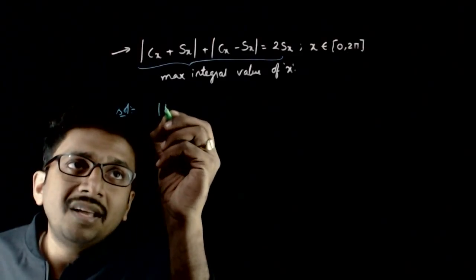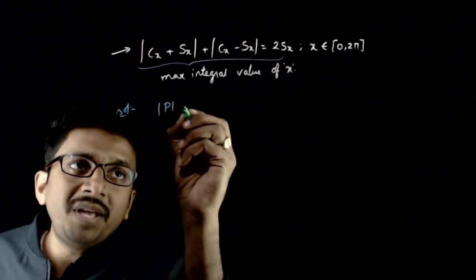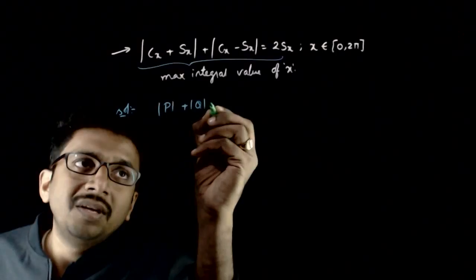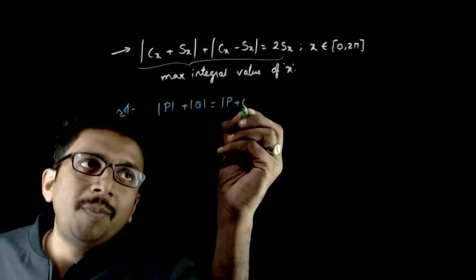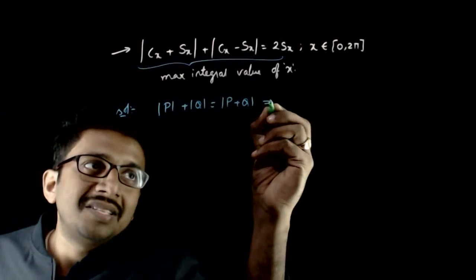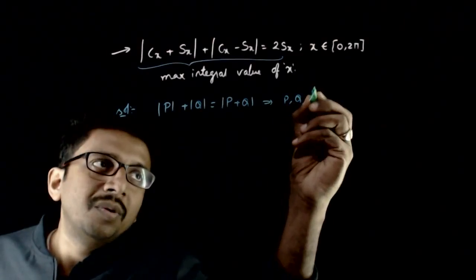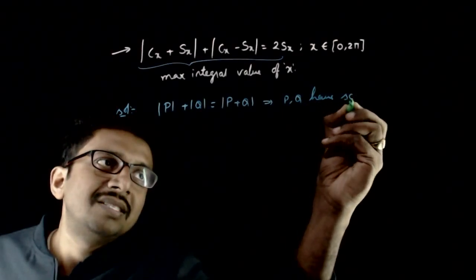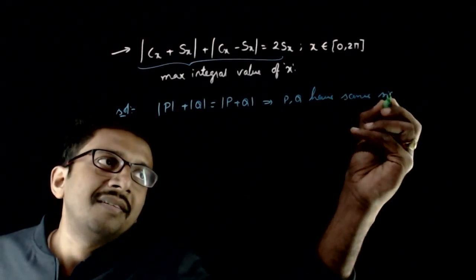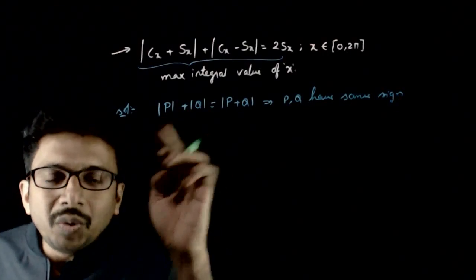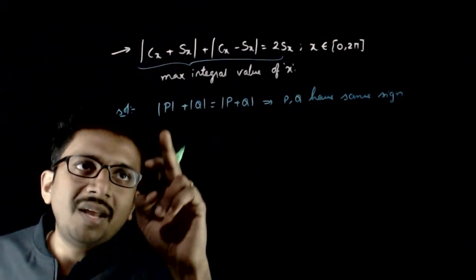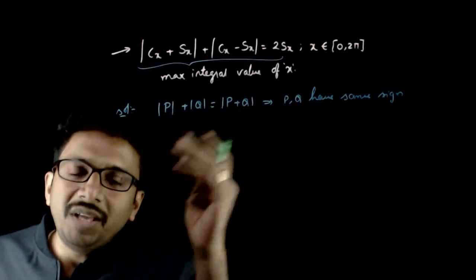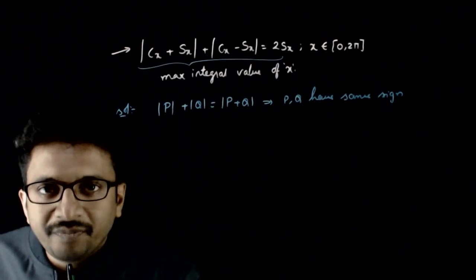You have the theory which says that if mod p plus mod q is equal to mod of p plus q, this implies p, q have the same sign. So if p and q are numbers of the same sign, then mod p plus mod q will be equal to mod of p plus q.